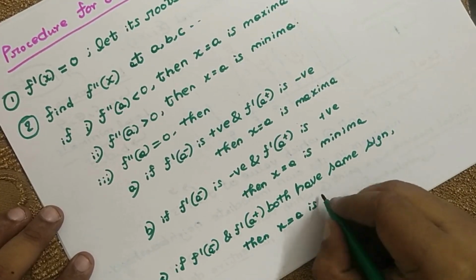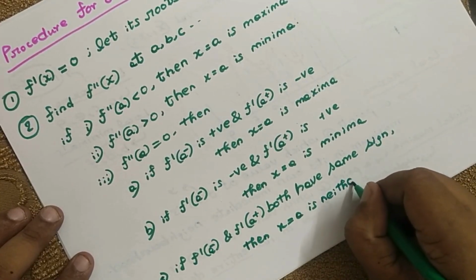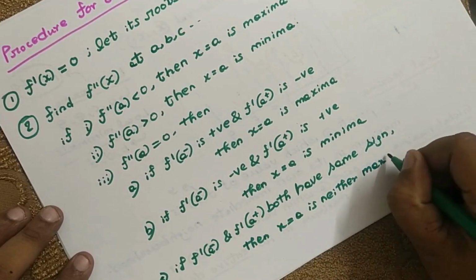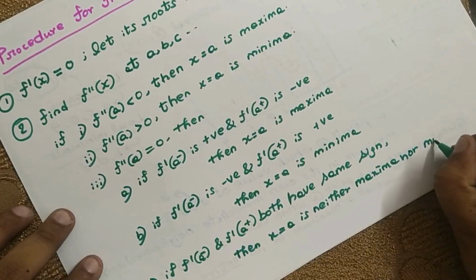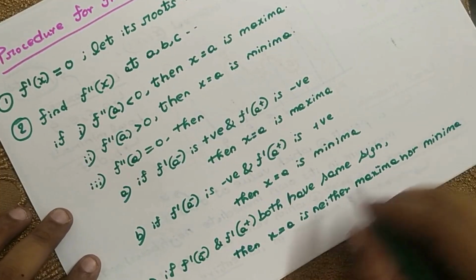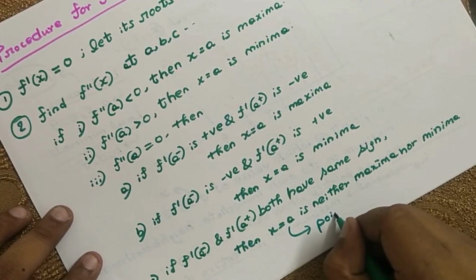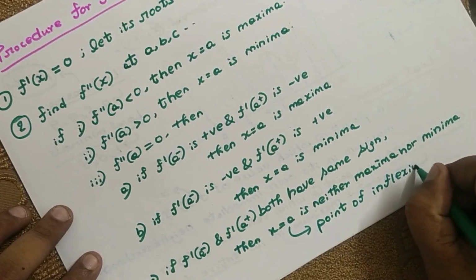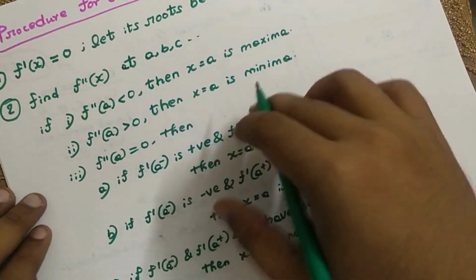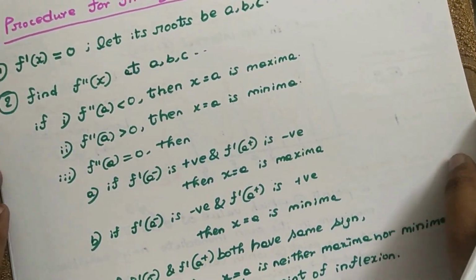We already discussed this earlier. It is neither maxima nor minima, that means not maximum and not minimum. It is called the point of inflection. Yes, so this whole procedure is very important for problem solving.